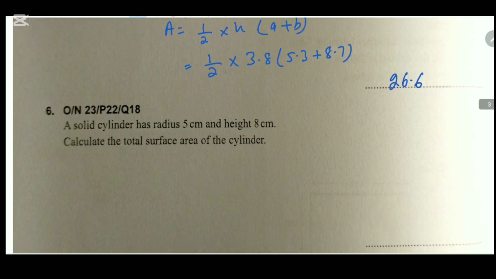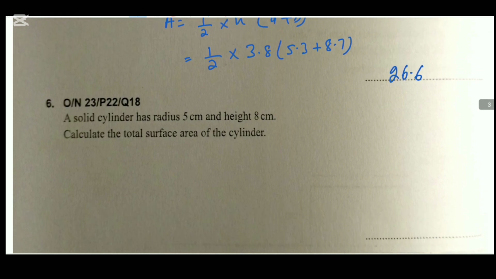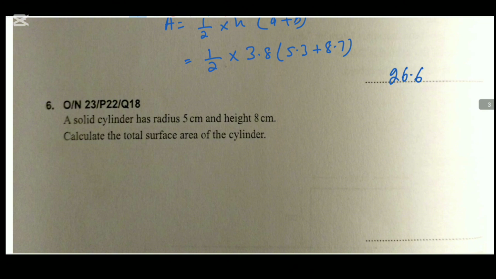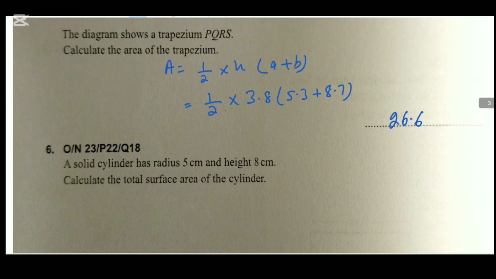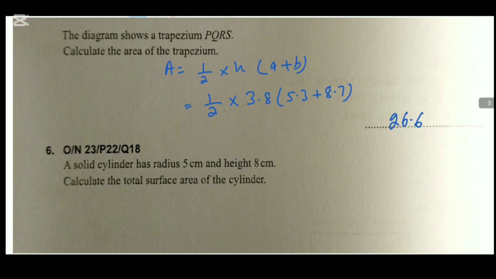Next question: a solid cylinder has radius 5 centimeters and height 8. Calculate the total surface area of the cylinder. That is a 3D shape question. So first of all you can draw the figure, so that it will be easy for you to understand.